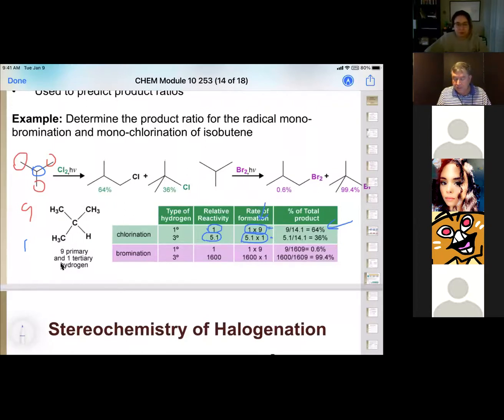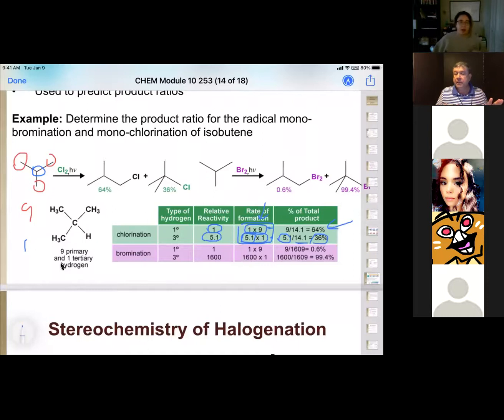Now, if we take this 5.1 divided by that 14.1, the sum of the total number of reactions here, we get 36%. And this is pretty close to what we see in actual synthesis. But now let's do it for bromine.